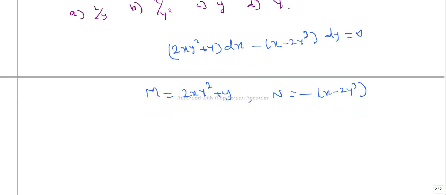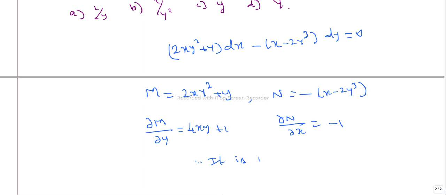Now we have to check whether this is an exact equation. Partially differentiate m with respect to y: you will get 4xy plus 1. Differentiate n partially with respect to x: you will get just minus 1. Therefore these two are not equal, so it is not an exact equation.